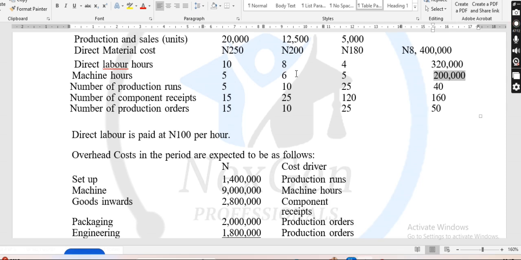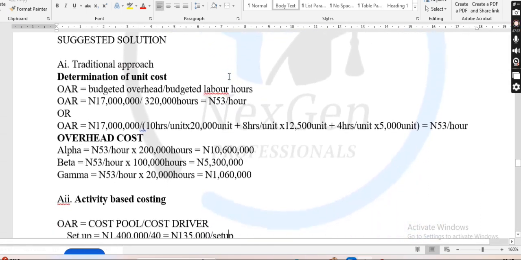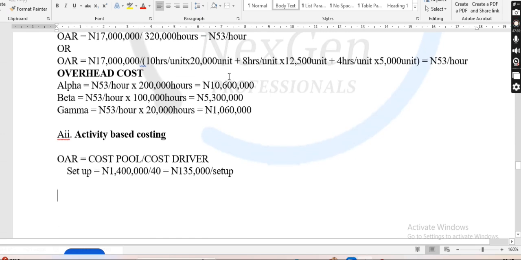In some questions, you have to multiply your hours per unit times the units produced, plus your hours per unit times the units produced, and so on. Addition of everything will give you the total hours used. That is the worst case scenario. So now we move on. 200 hours. So then that is machine, right?